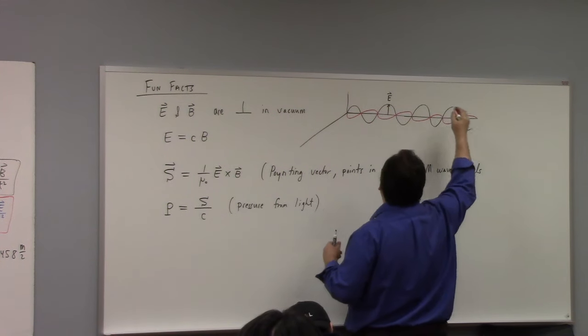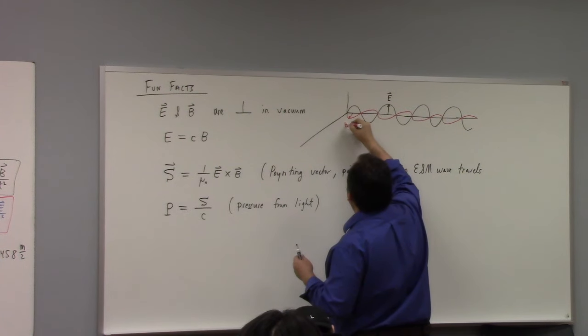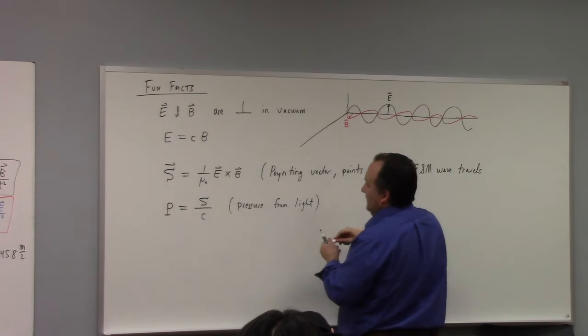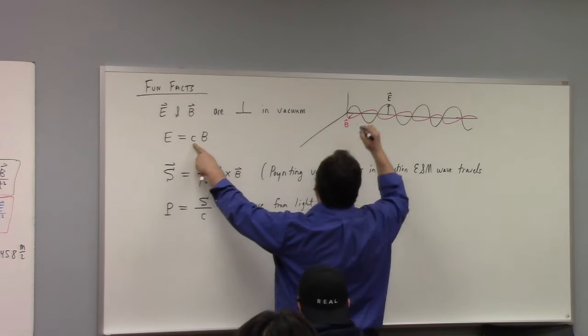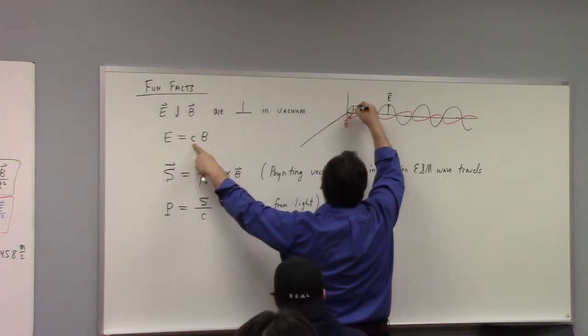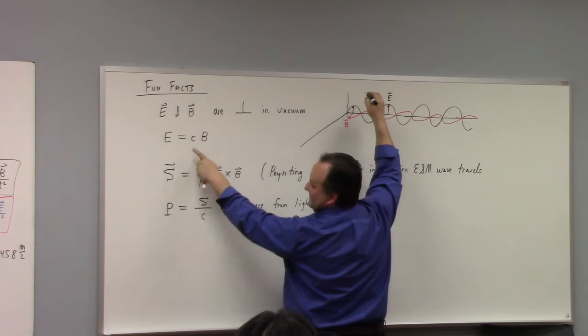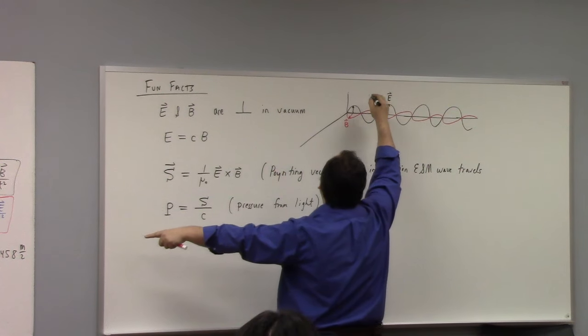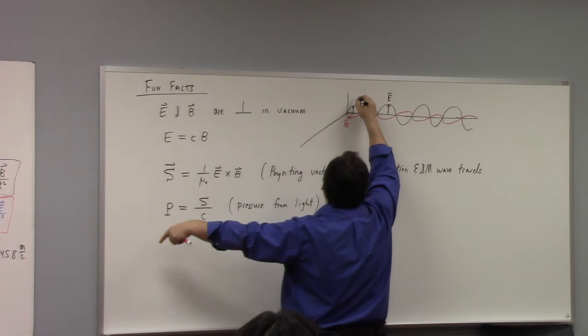So for instance, this would be the magnetic field. These are not drawn to scale, right? Notice the scale factor here. Like the electric field's like 10 to the 8th bigger, in terms of the system of units we use.